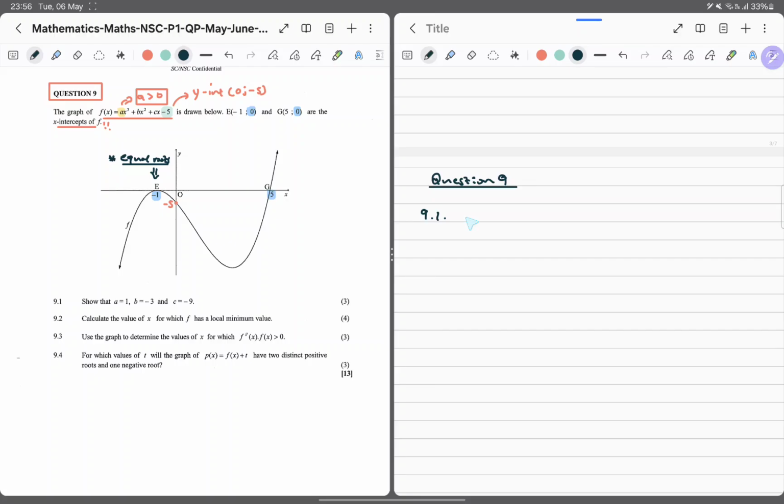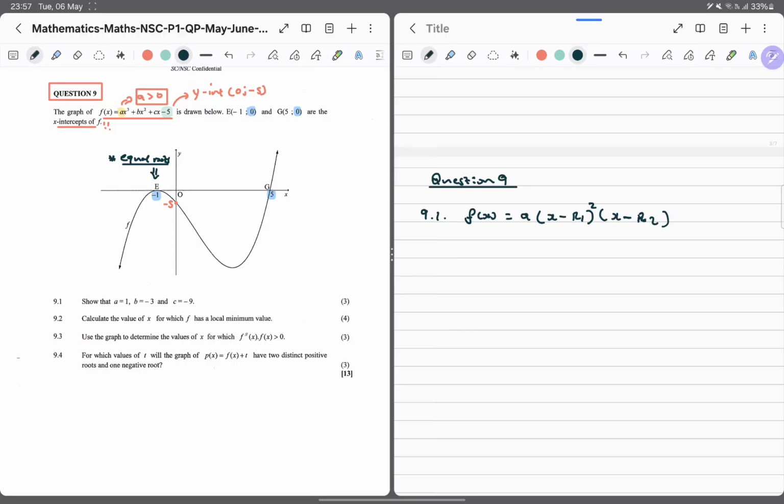But here's what I know, this is the root form of our function. So we know that this is a into x minus the first root. But because there are equal roots, the first root is going to be squared, into x minus the second root, because we don't really have a third root.